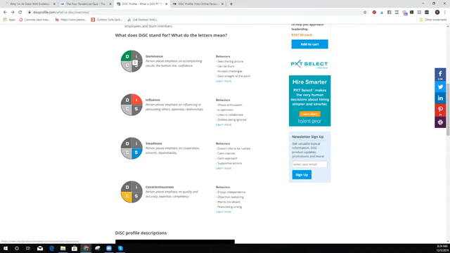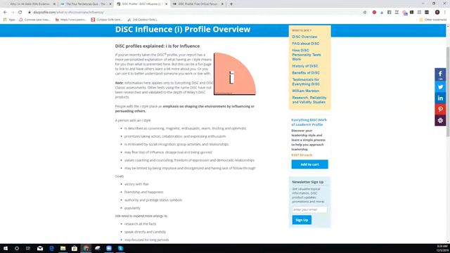So let me go into the I. Obviously, these types of people do well if they want to be a leader, if they want to start a business, especially if they want to be a clinician and work as a team. Obviously, this type of personality is really good for those types of things where it involves connecting with other people.